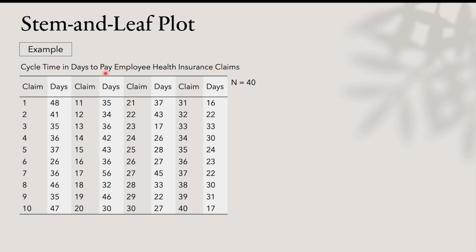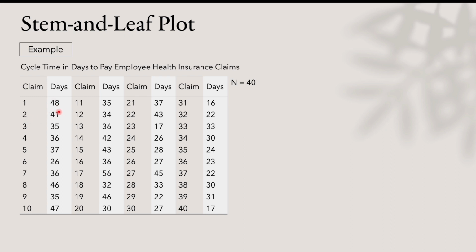The employees apply for their health insurance claim, and once they get the money, the process is completed. So the time from application until completion of the claim is given in this table in days. For example, claim number 1 took 48 days to complete.